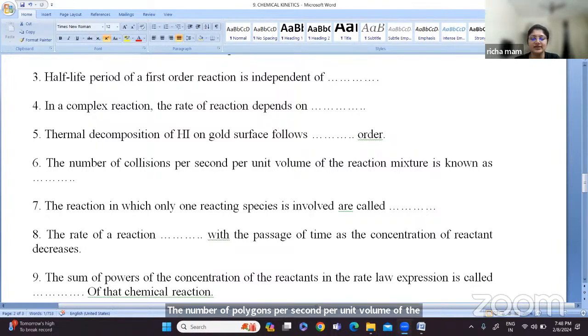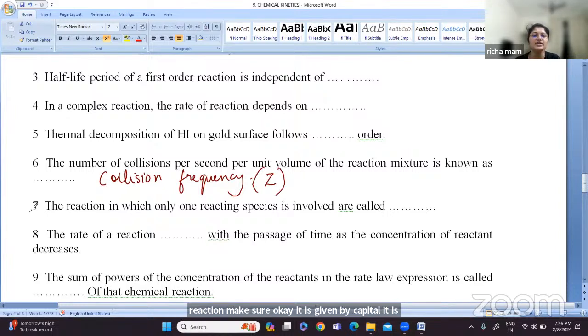Yes, Vedvati has answered it right. It is collision frequency. Good. So collision frequency is nothing but the number of collisions per second per unit volume of the reaction mixture. It is given by capital Z.